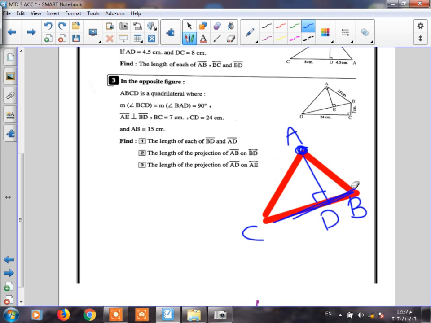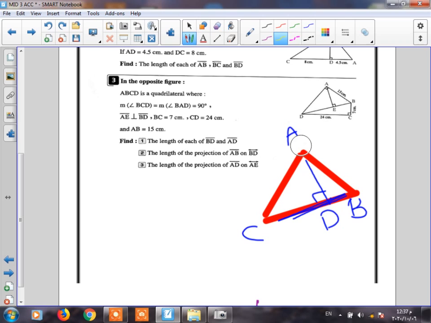What about the projection of point B? B is on the line BD, that means the projection of B is itself. And C also is lying on BD, a straight line, that means C is its own projection. So if I ask you to get the projection of A, you will tell me E. And the projection of B on BD is B itself, and the projection of C on the line BD is C itself.